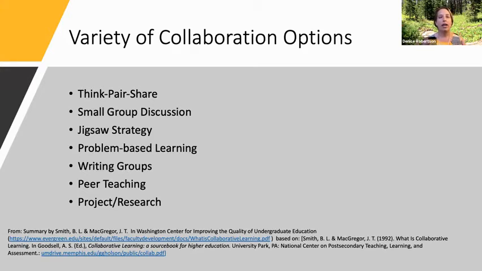Basically, you're having your students turn to a partner, answering a question, having a quick, brief discussion, and then coming back and as a whole class having a share out and discussion. Small group discussion, just exactly what it sounds like. Jigsaw strategy is one where we have students that get assigned maybe different sections of a paper or different views on a particular topic, and they learn their particular view really well.